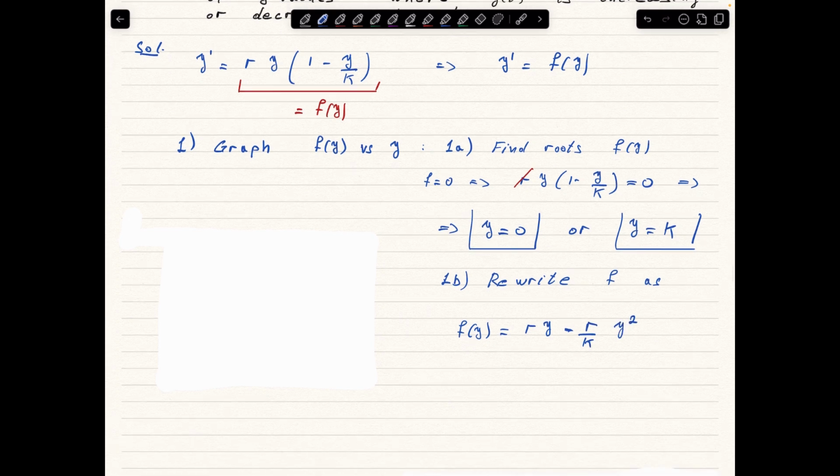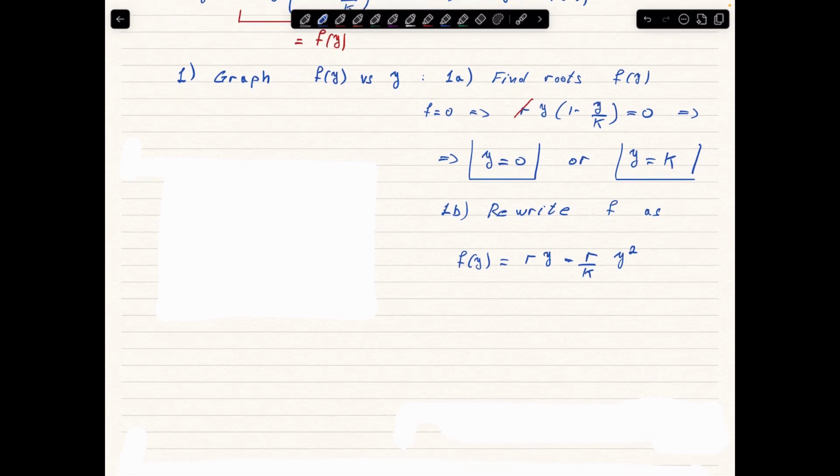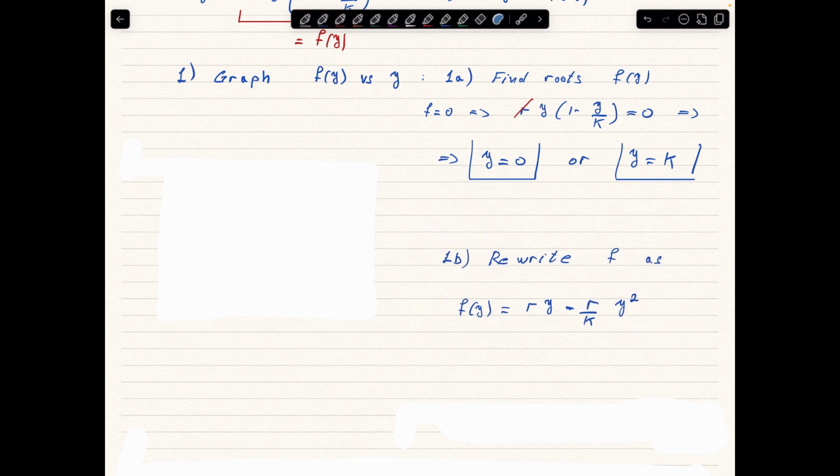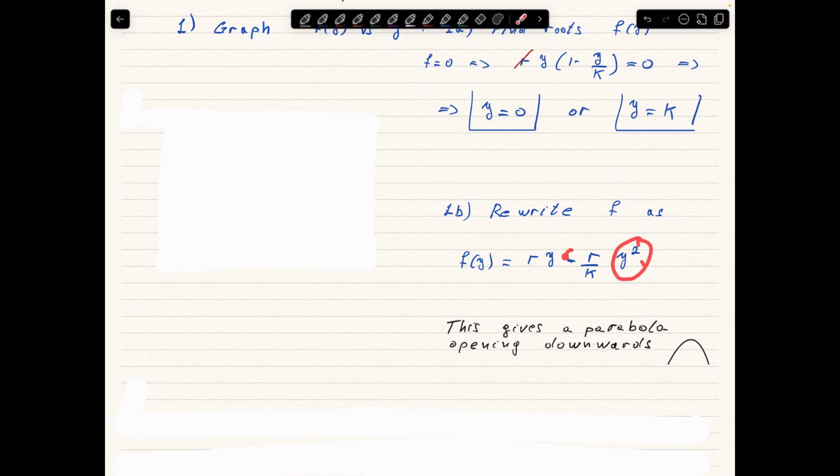Well, we know what that is, isn't it? This is a parabola. The coefficient is negative, so it's not a parabola like this, it's a parabola like that, opening downward.